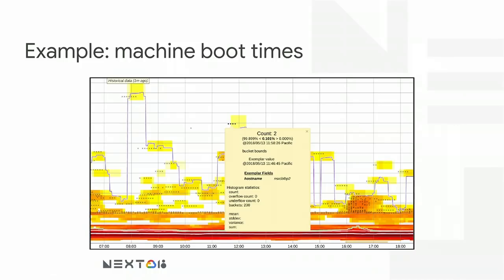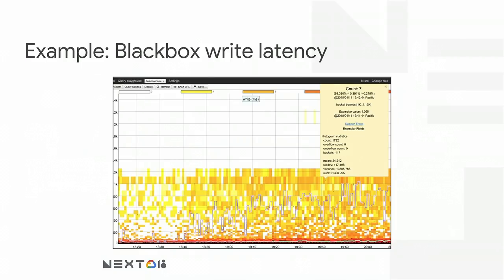Or for instance, another thing that I can look at is if I have a service level indicator that is based off of a Blackbox prober. For instance, if I had a storage system where I was measuring how quickly it takes to write a query into this system. What I might observe is, if I had a less sophisticated monitoring system, all I would see is that the 99th percentile is slowly creeping up over time.